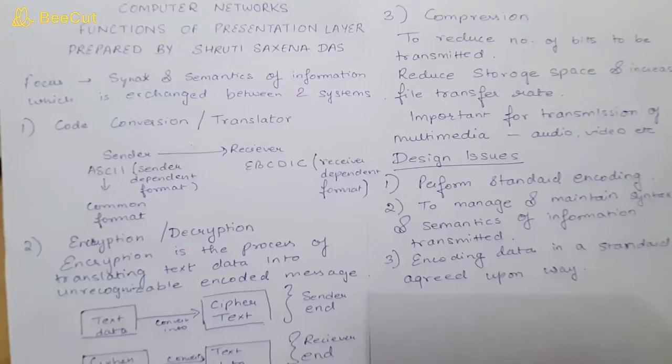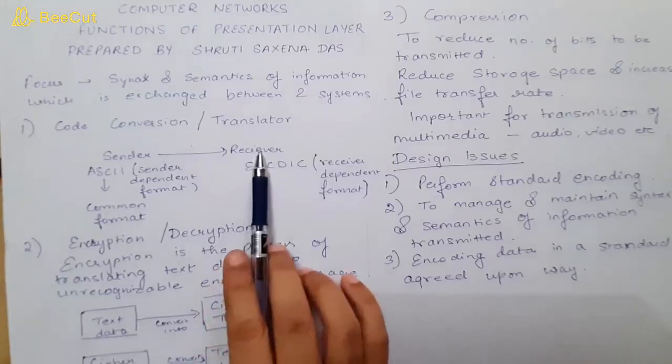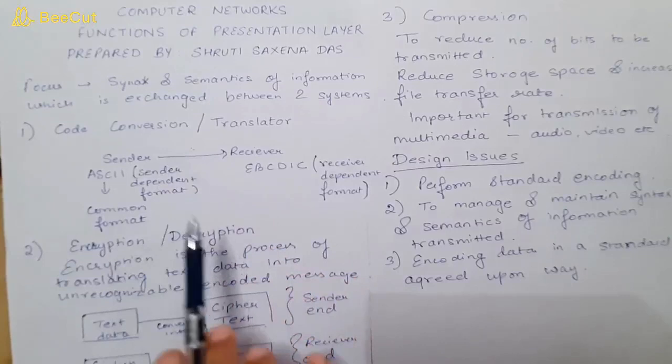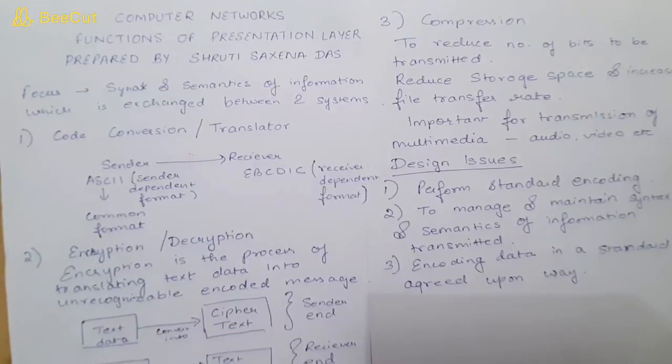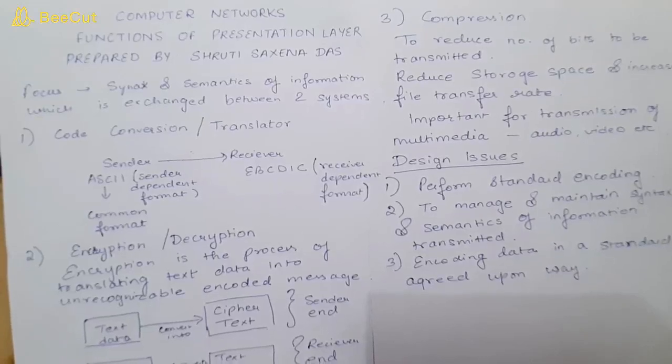Suppose the sender wants to send some character data. In that case, it should be converted into some form which is relevant for characters. So the receiver will also be able to receive that encoded data and retrieve the original data from that. So encoding data in a standard agreed upon way should be applicable. That is also one of the design issues which we have discussed.